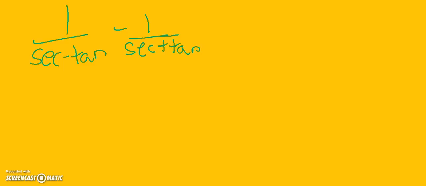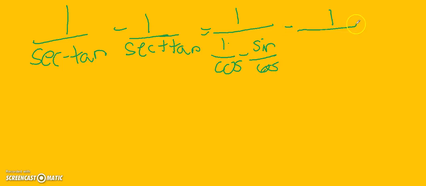Okay. So what we're going to do first is simplify these denominators. How we can do that is let's rewrite secant and tangent. So this should be equal to 1 over, secant is 1 over cosine, minus sine over cosine, which is tangent, and this whole thing minus the same thing, except that we're adding: 1 over cosine plus sine over cosine.